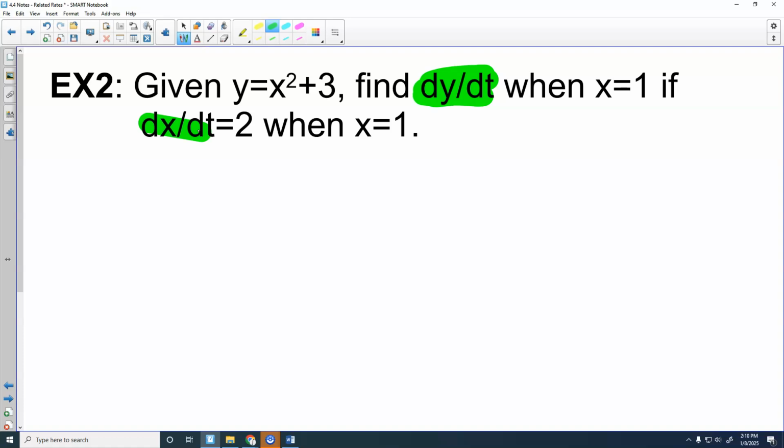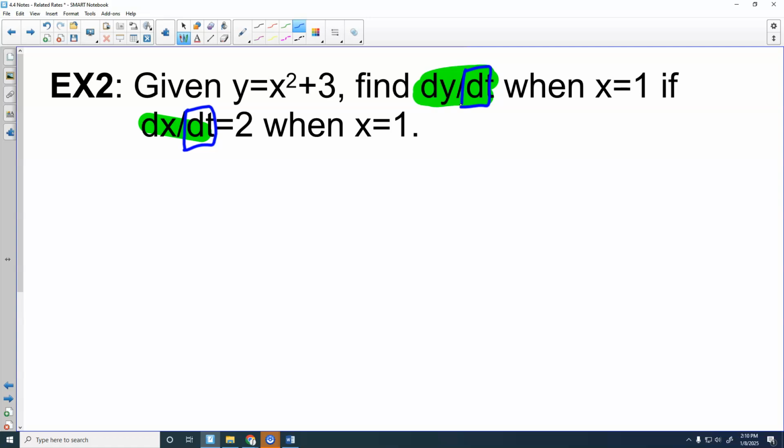This is not dy/dx, which is just a regular derivative like we normally take. You've got that dt in the bottom of it, which means the derivative was taken with respect to t. So we would need to take the derivative of this function with respect to t.